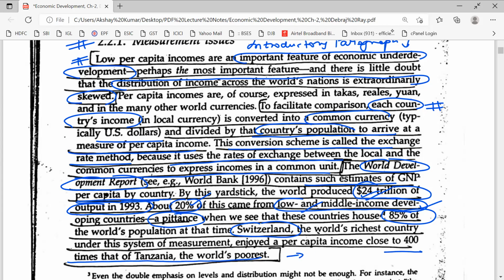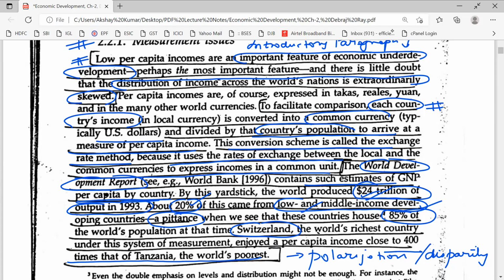Look at the amount of polarization. Or I can also say disparity. In Switzerland, the per capita income is 400 times that of the per capita income in Tanzania.